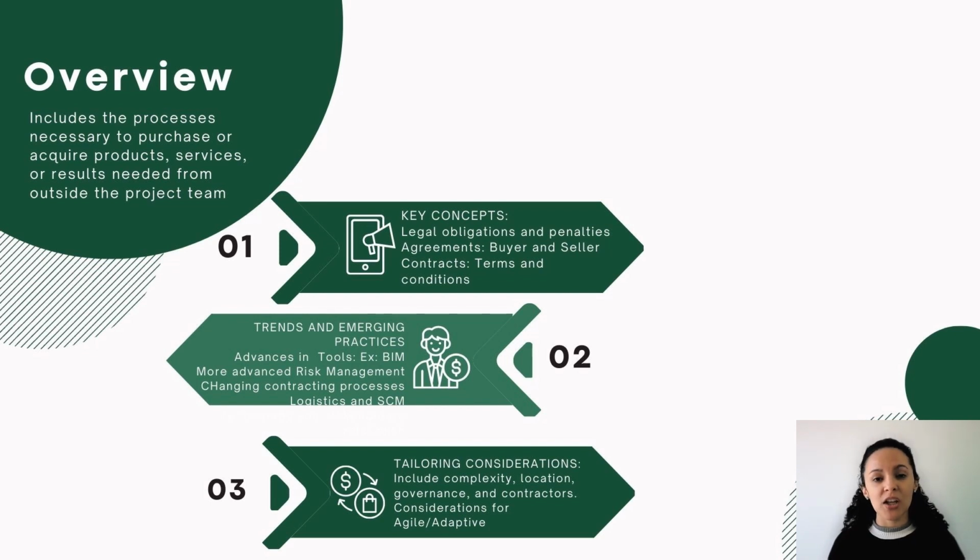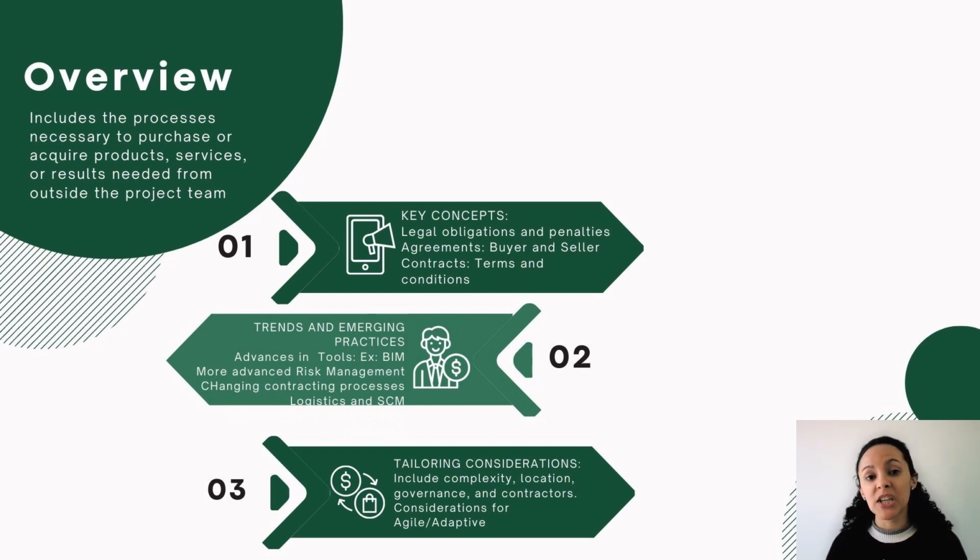For example, in some contracts or agreements you can find information where the buyer will be required to assess some risks that the contractors do not have control over. Another thing that is changing is the logistics and supply chain, which is being included in these contracts and agreements as well.